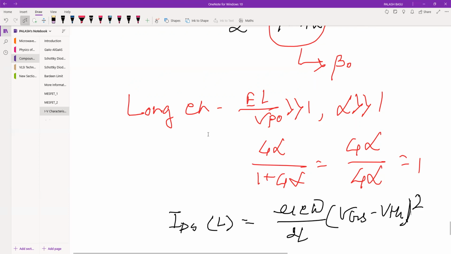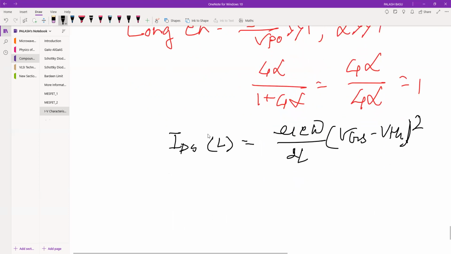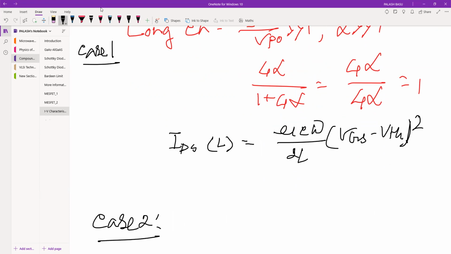Now what will happen? IDS for long channel is fine, so we can write case 1. What will happen in case 2? Short channel device.